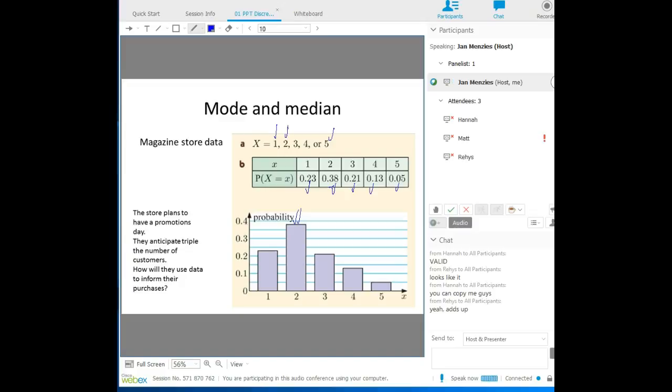So the mode is the most frequent, and the most frequent is 2. The mean is the average, and I've just quickly demonstrated that the mean, which we can denote mu, is equal to adding up the outcome number times the probability and then dividing it by the number of outcomes to get the average. And then the median is the position that is in the middle. So hopefully that's just a bit of revision.